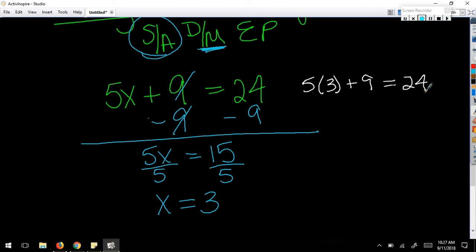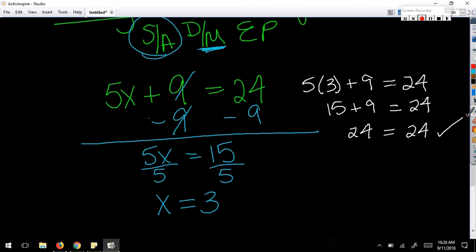What do I do first? 5 times 3, which is 15. And 15 plus 9 is 24. So does 24 equal 24? Yes, it checks. I have the right answer. We just got to go backwards in that order of operations whenever we solve.